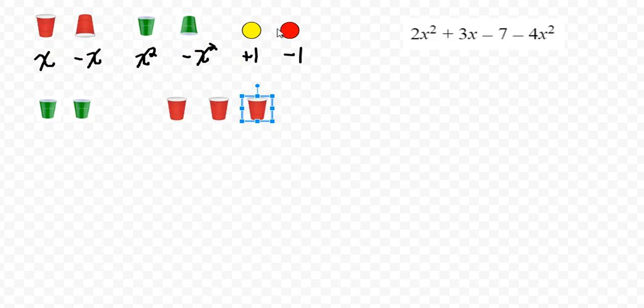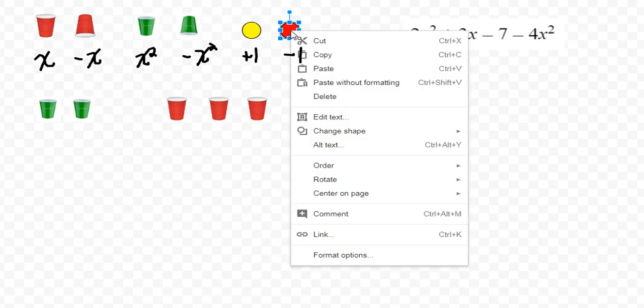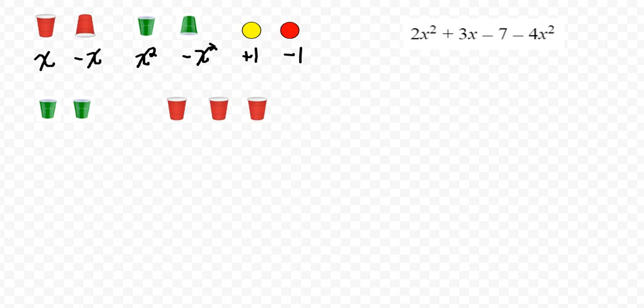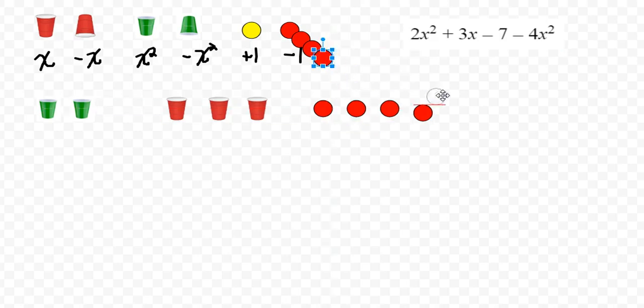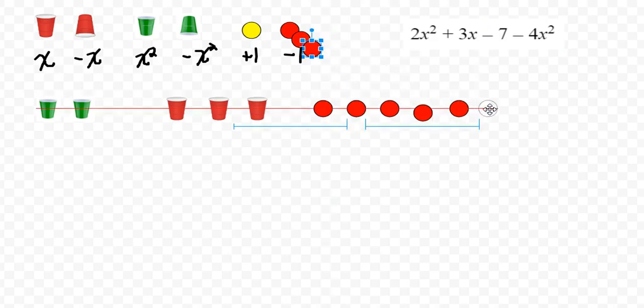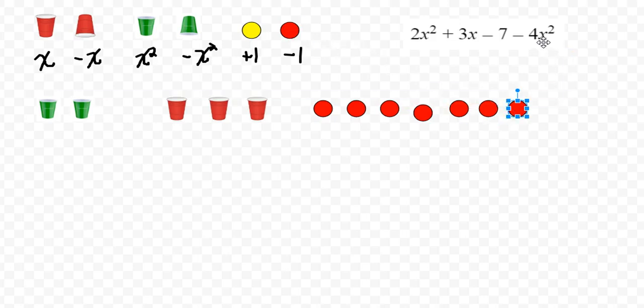Minus 7, so I need 7 of my red chips. 1, 2, 3, 4, 5, 6, 7. And then I need a negative 4x squared.